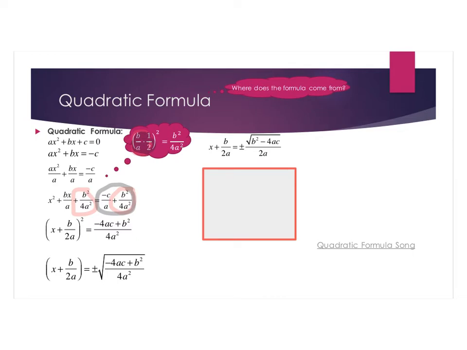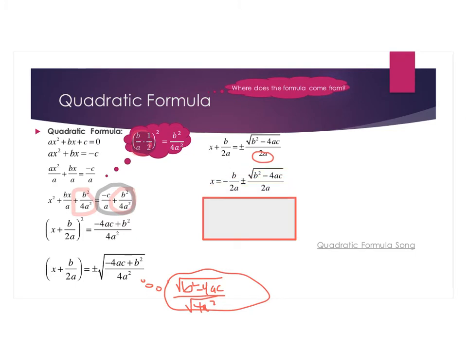So remember, I'm thinking in my brain, the numerator is the square root of b squared minus 4ac, and the denominator is the square root of 4a squared, which is 2a, which is where that came from. Now, because I have like denominators, when I move everything over, all we do is we write it as one fraction, and there's our quadratic formula.